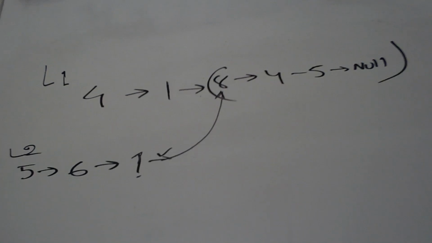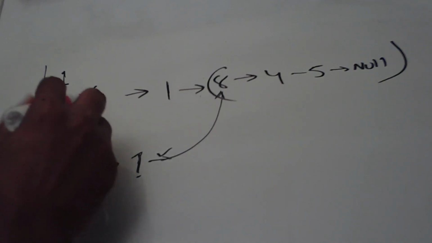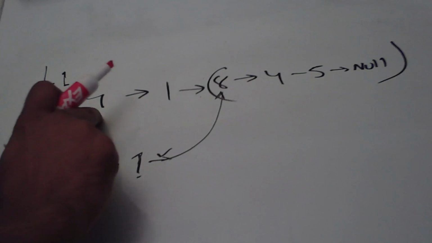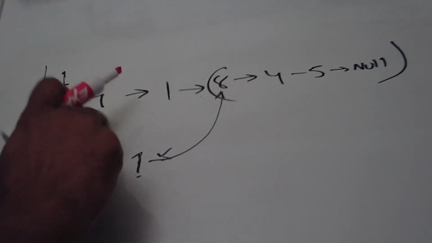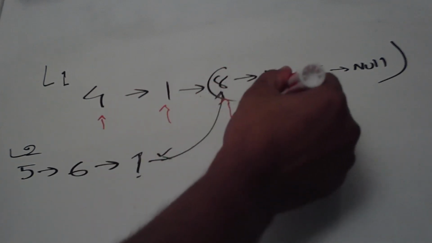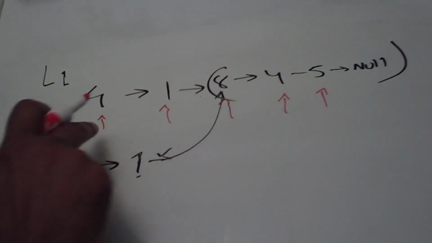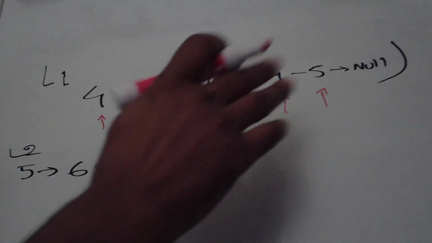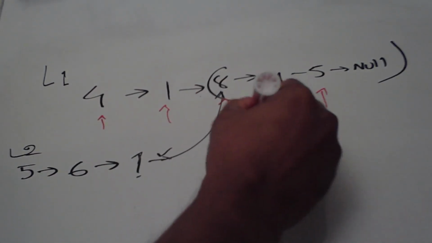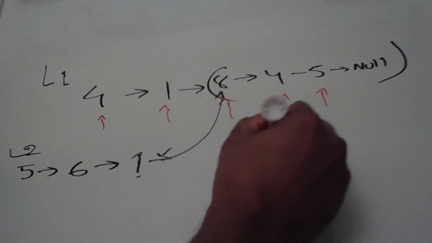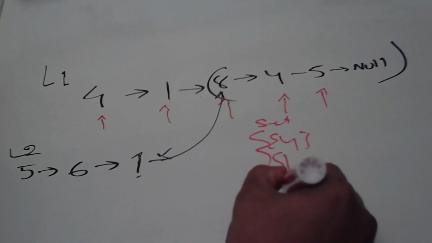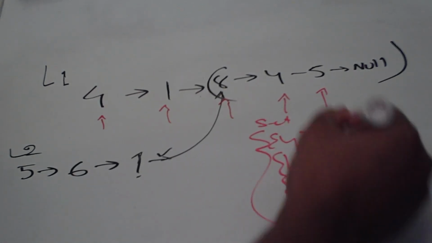In one way, we're going to traverse first in L1: 4, 1, then 8, then 4, then 5, and null. As we traverse through the list, we're going to keep saving those nodes in a set: 4 node, then 1 node, then 8 node, 4, and 5, and so on.